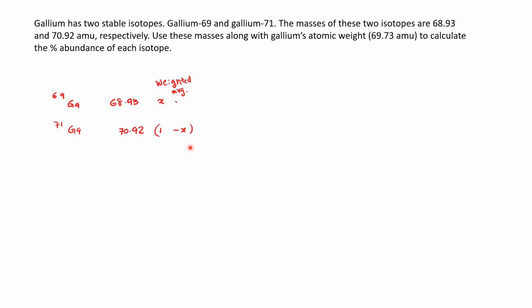So we are going to say the percent abundance of gallium-69 is X. That makes the percent abundance of gallium-71 to be 1 minus X. Now we are going to do the equation for the weighted averages. We take the mass times X, and we are going to sum this weighted average. We are going to take 70.92 times 1 minus X, and this equals your atomic mass, which is 69.73.